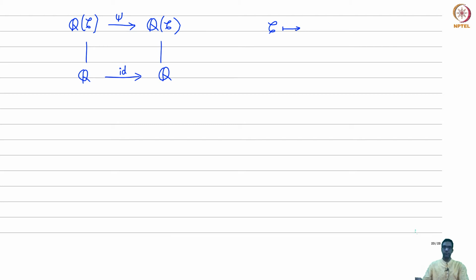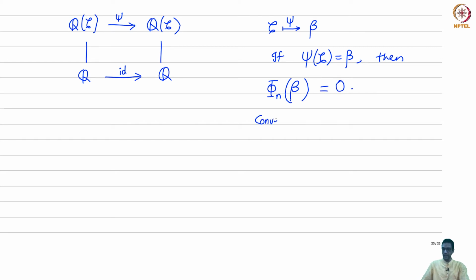Recall that if psi maps zeta to beta, then beta must also satisfy the same polynomial that zeta satisfies, so phi_n(beta) must be 0. Conversely, given any beta which satisfies the same minimal polynomial as zeta, you can always define such an automorphism.